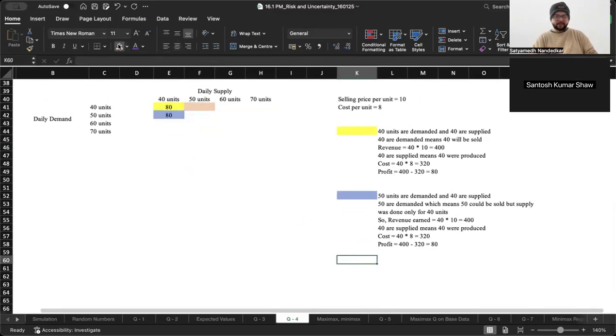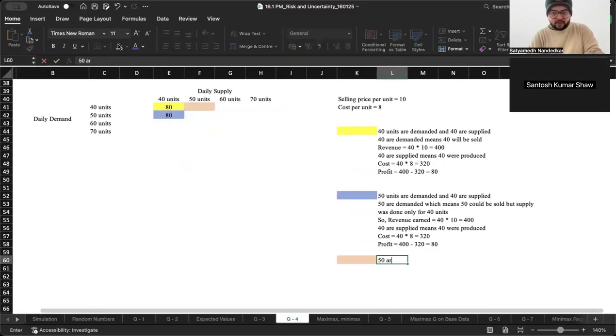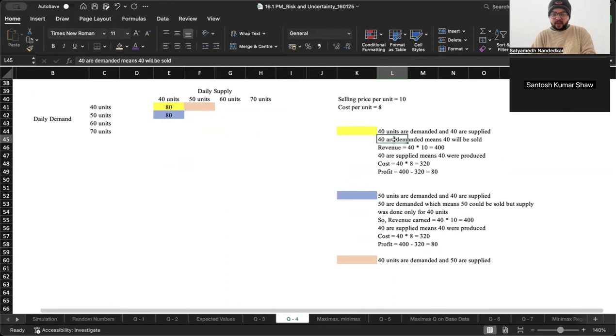यहाँ पे 40 units are demanded and 50 are supplied. If 40 units are demanded, means 40 units will be sold and the revenue will be 400.